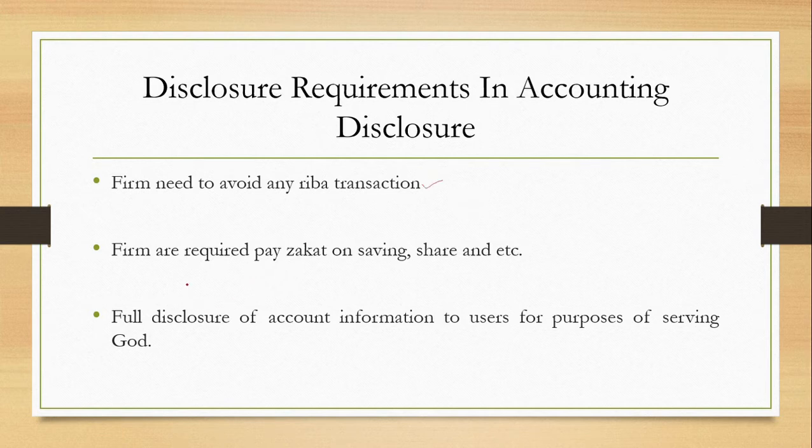The firms are required to pay zakat on saving, share zakat, and give full disclosure of account information to users for the purpose of serving God. Of course, look back at the characteristics or definitions of accounting in Islamic perspective earlier, we have to record in full disclosure, complete, transparent and also proper.